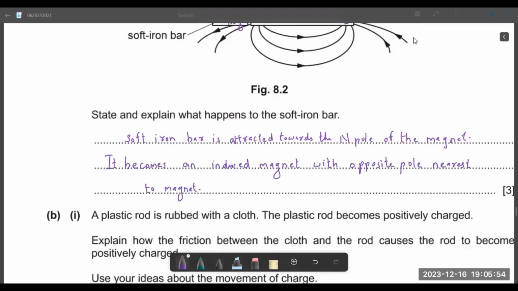And it becomes an induced magnet with opposite pole nearest to the magnet.